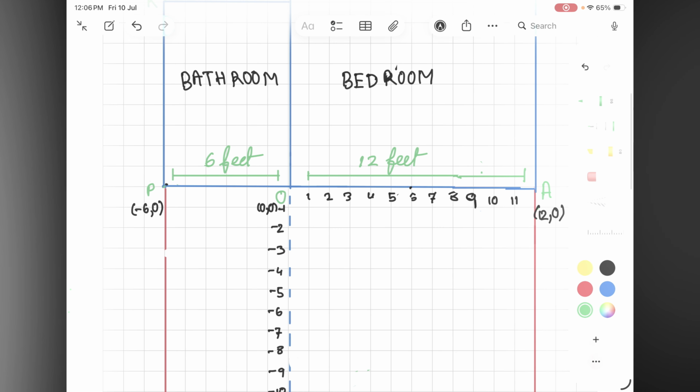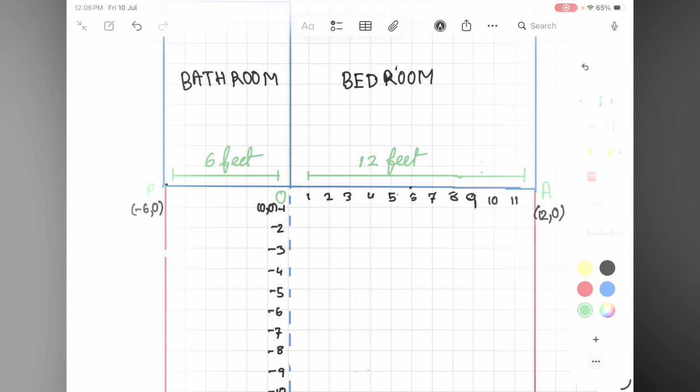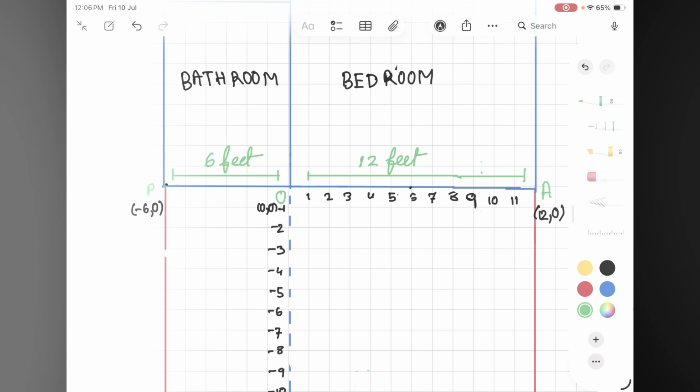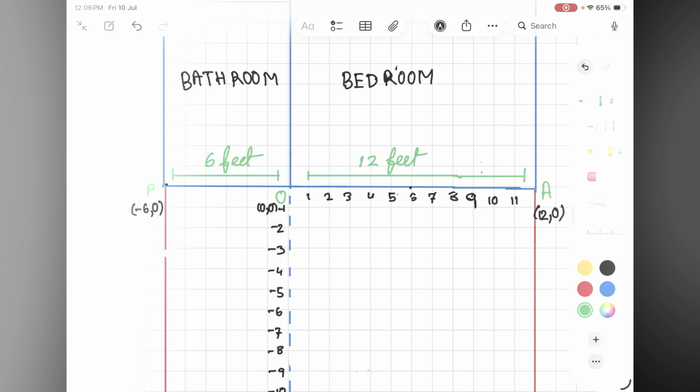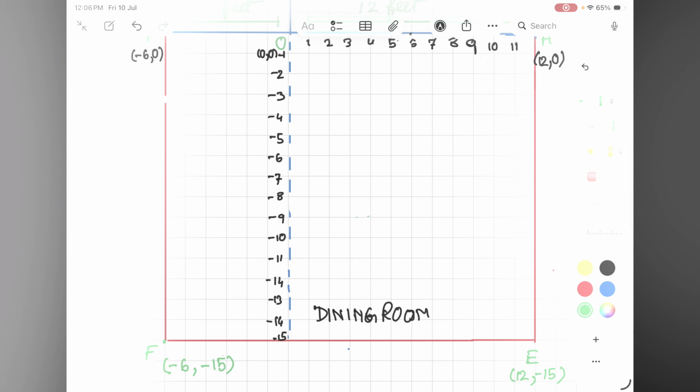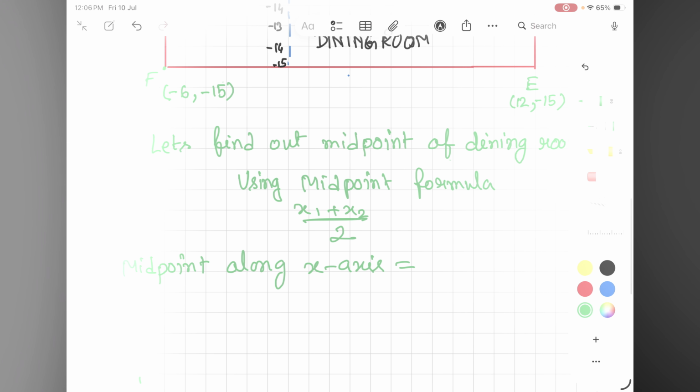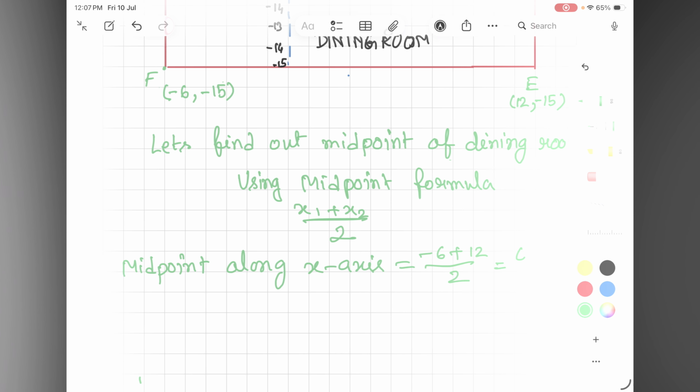Let's see the figure. PA lies on the x-axis. What are their coordinates? P is -6, 0 and A coordinates are 12, 0. x1 is -6, x2 is 12. Add them and divide by 2 and you get the midpoint along the x-axis. -6 plus 12 is 6, by 2, 3.